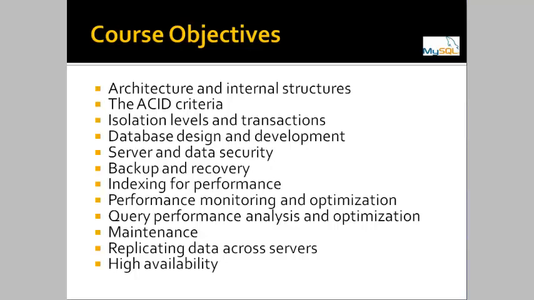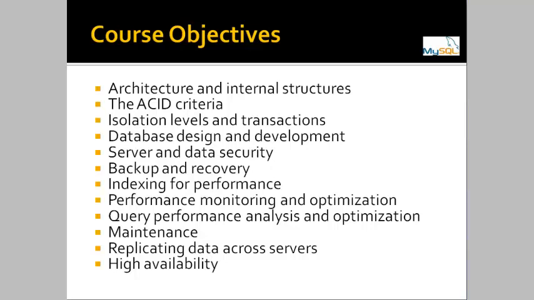Then, having a database, we're going to discuss how to keep it secure, how to secure the server, and how to secure the data. And then the routine maintenance that accompanies administering any kind of database system, from backing up the data to performance enhancements to monitoring and so on. Once we've covered these foundational principles of administration of the database system, we're going to look at a couple advanced topics.